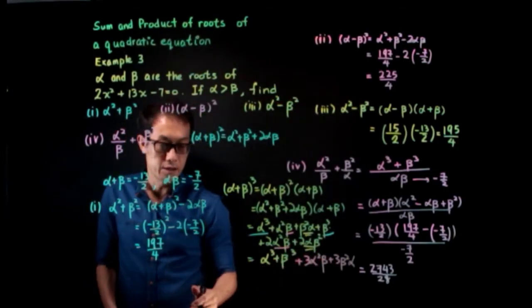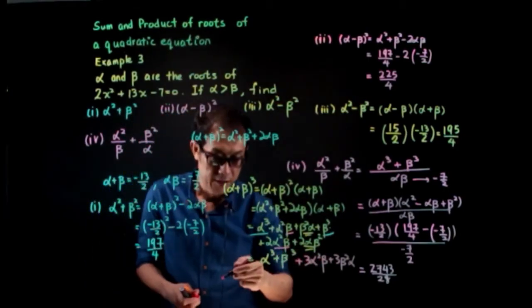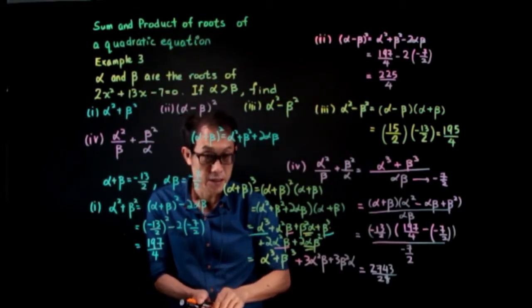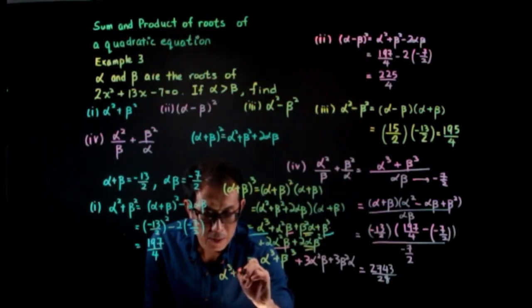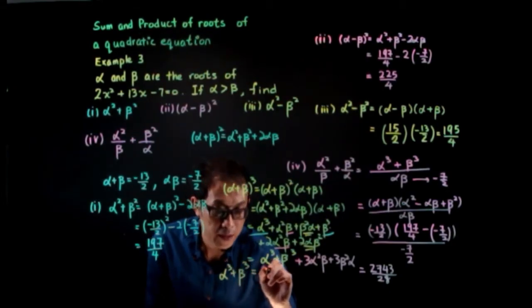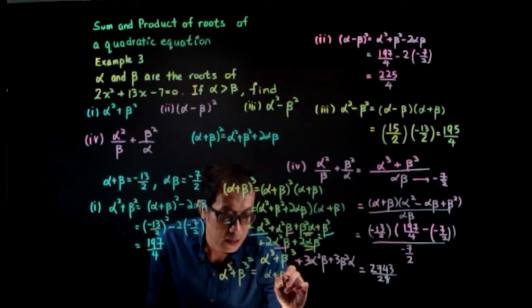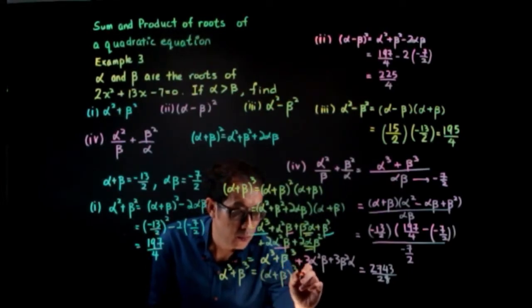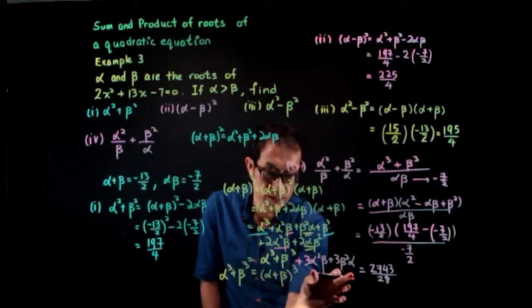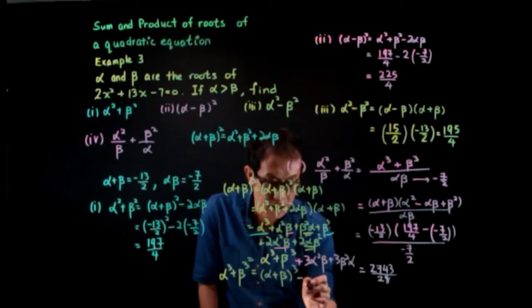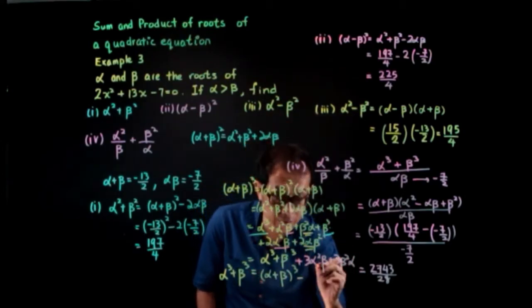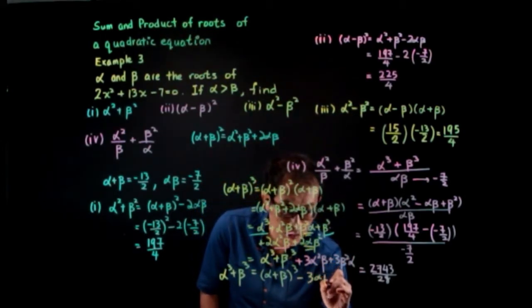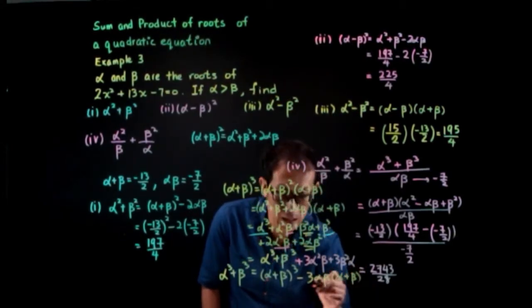So you can re-express this. So alpha cube plus beta cube will be equal to alpha plus beta cube minus these two. But 3 alpha beta is common, so I can factorize them: alpha plus beta.